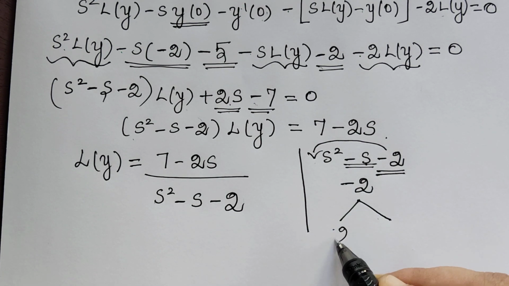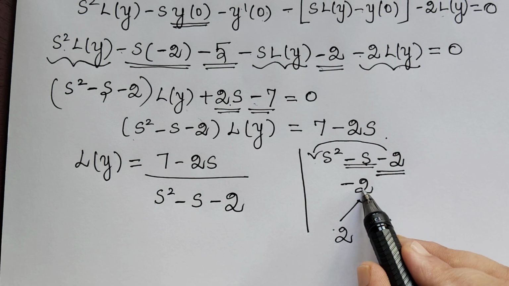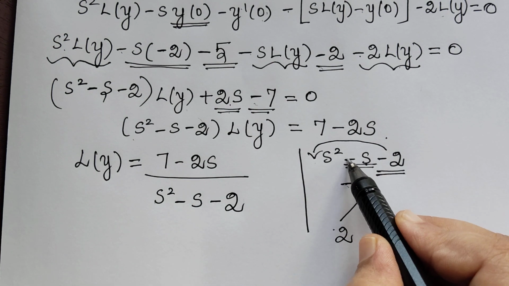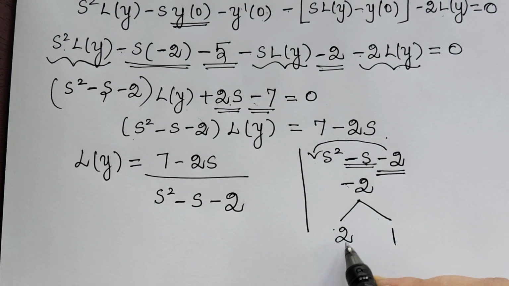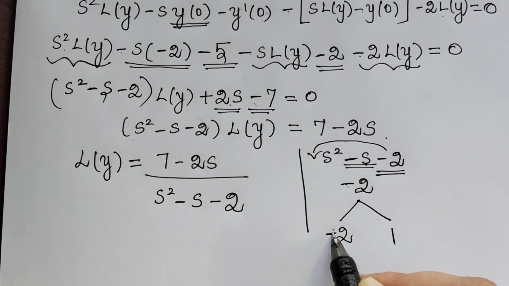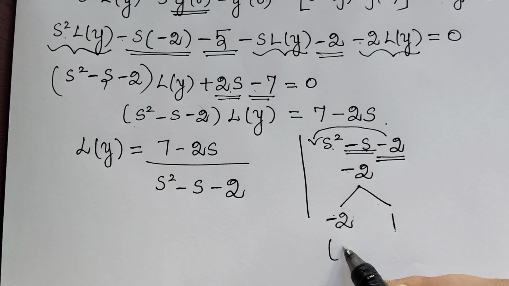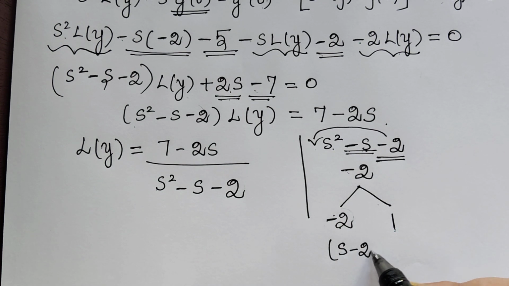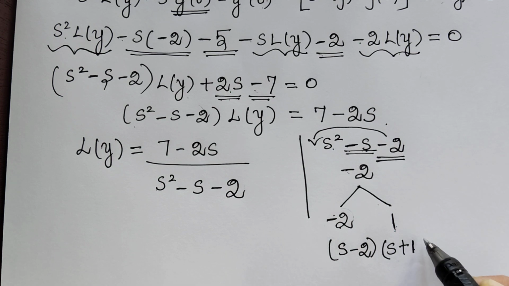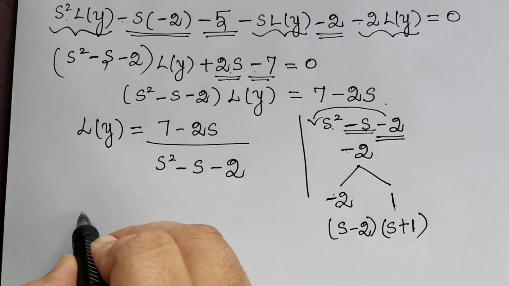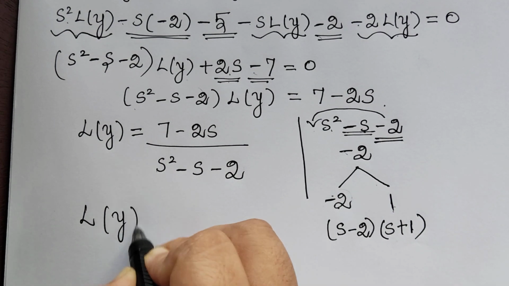So 2 times 1 is 2, and we want a negative sign, and here we have a negative sign. So let us give the negative sign to the bigger number. So the factors are minus 2 and 1, and so the factors of s squared minus s minus 2 will be s minus 2 multiplied with s plus 1.